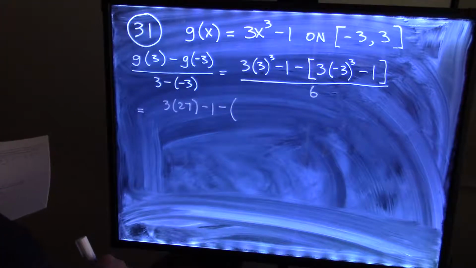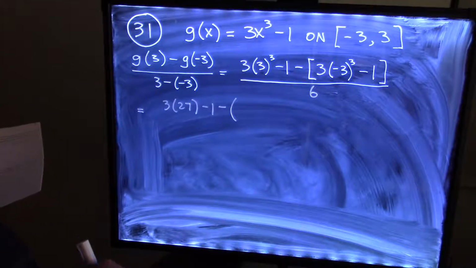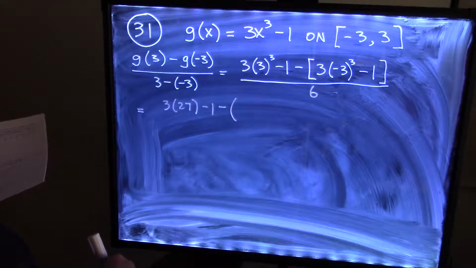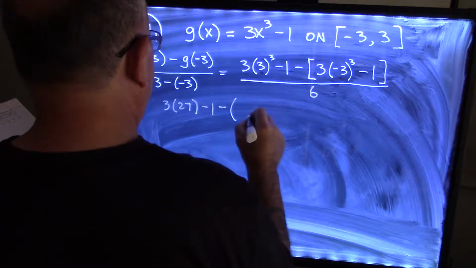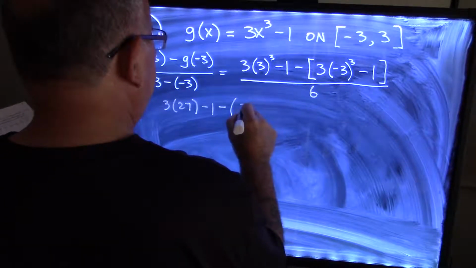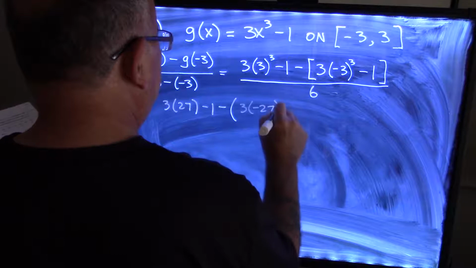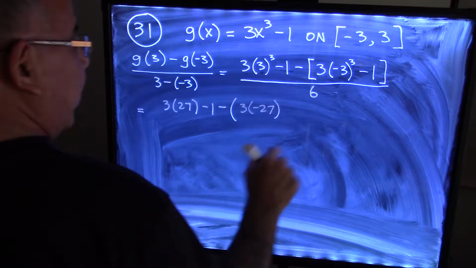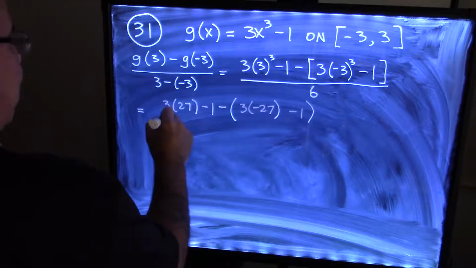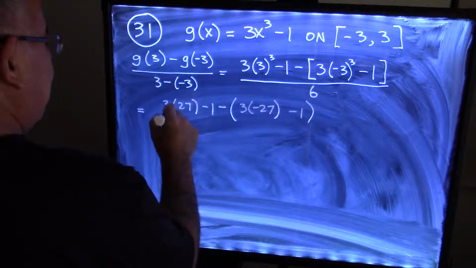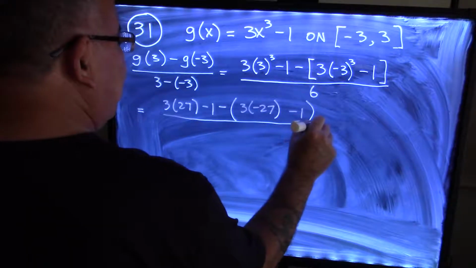Negative 3 times negative 3 is positive 9. Positive 9 times negative 3 is negative 27. So 3 times negative 27 and then minus 1. Pardon the nested parentheses there. Probably should have used brackets, but that's alright.